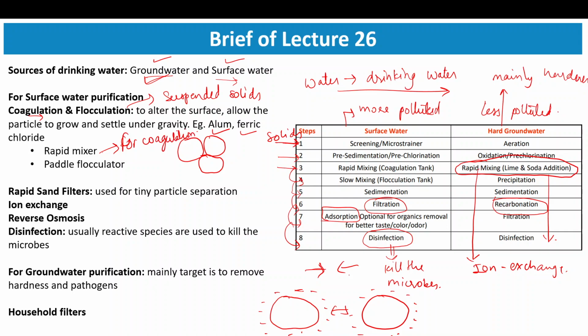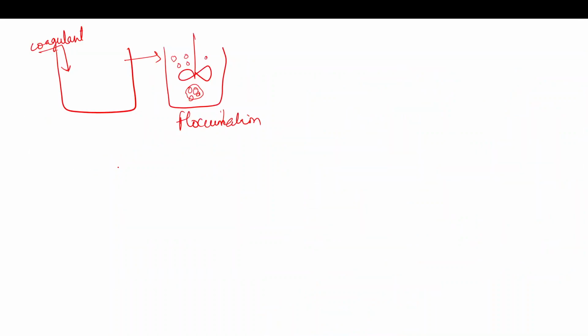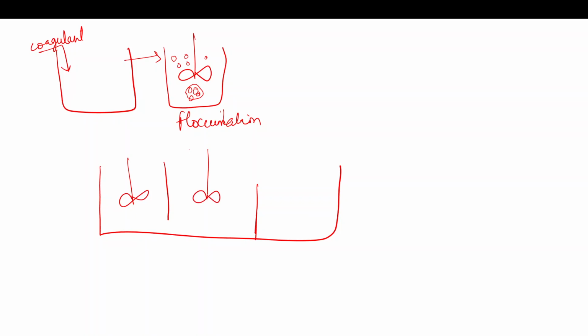If you are taking that water after addition of coagulant into a flocculator, it is usually of paddle flocculator type, where you have a vessel and you provide baffles, and there will be a mixer here. Due to slow motion, water will flow in this direction. Here the particles come closer and they form flocs.